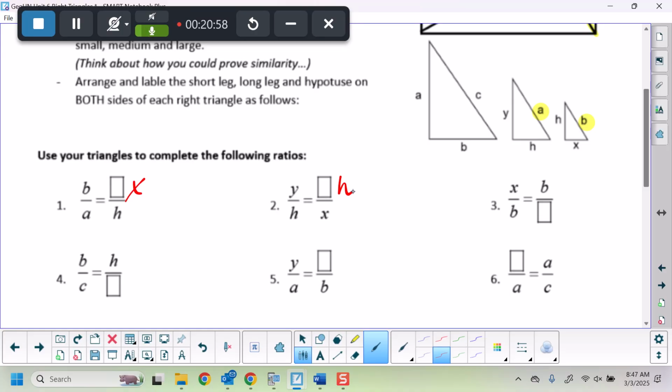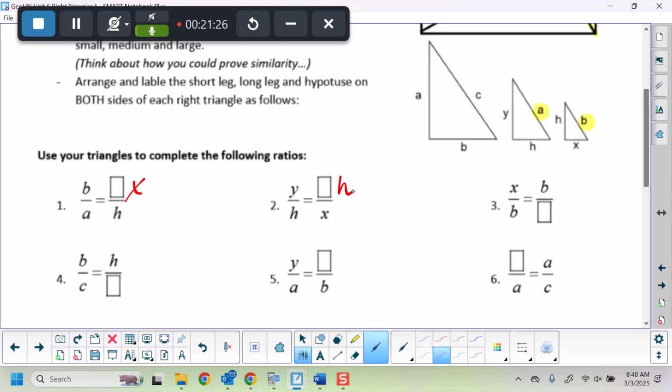I wouldn't do that, because with B to A I'm dealing with short side and hypotenuse here. So B to this A is going to give me H to Y. See how it's reversed? It's not corresponding.